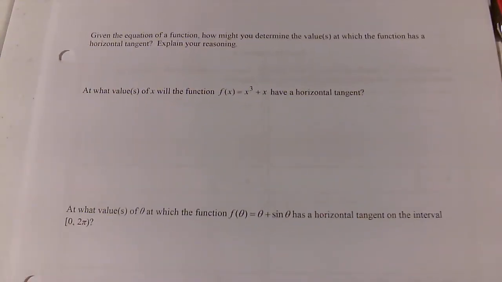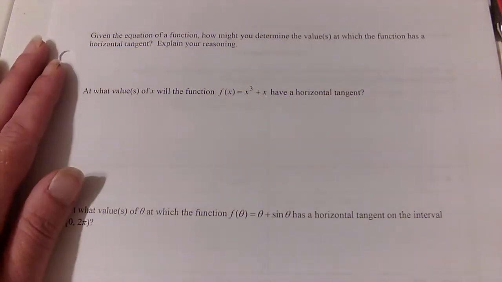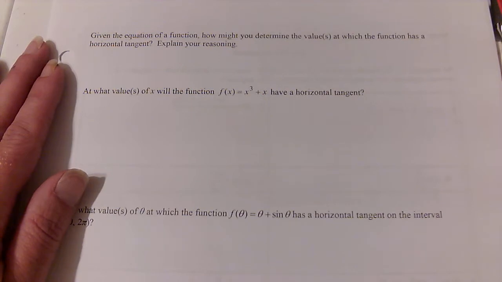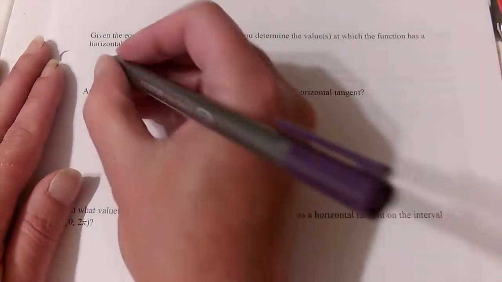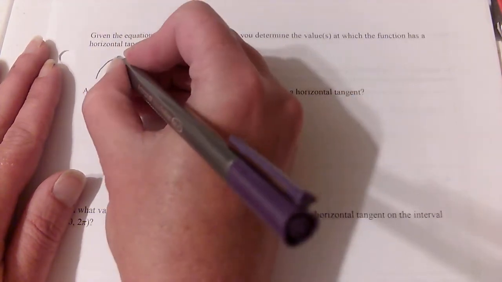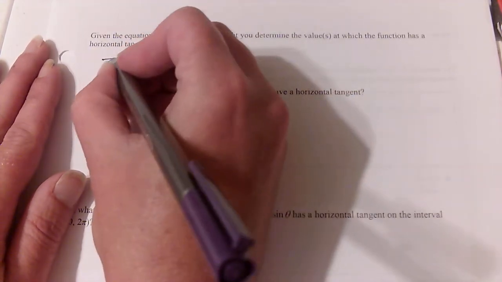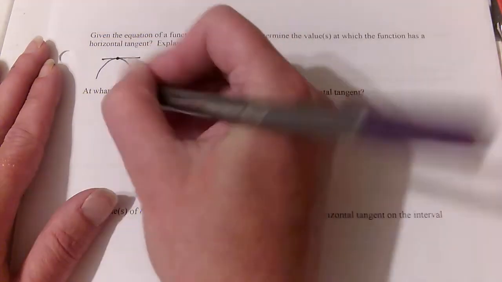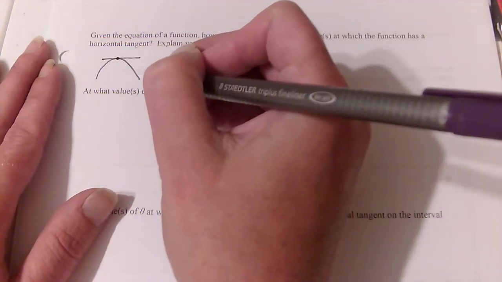Given the equation of a function, how might you determine the value at which the function has a horizontal tangent? So let's think about that. What does it mean to have a horizontal tangent? So if I have a graph, to get a horizontal tangent, that's going to be right there at the top or maybe at the bottom of a hill.